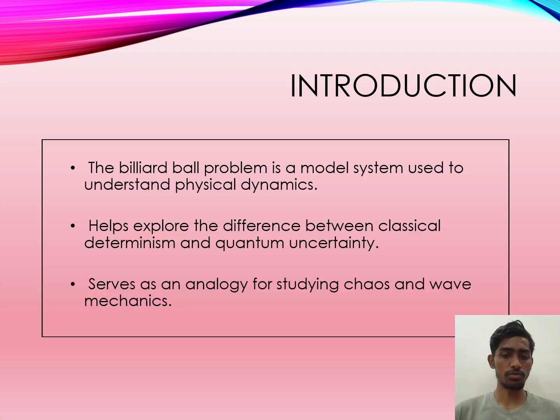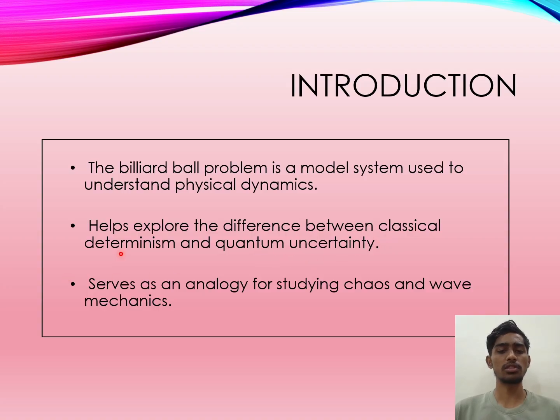We will differentiate between the classical deterministic system and quantum uncertainty. The classical deterministic system is an analog for studying chaos, and wave mechanics is used to study quantum uncertainties.